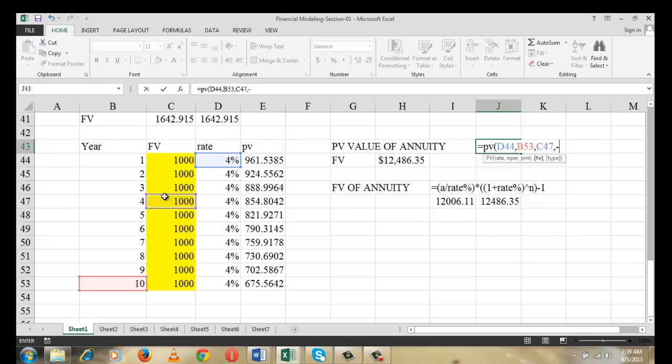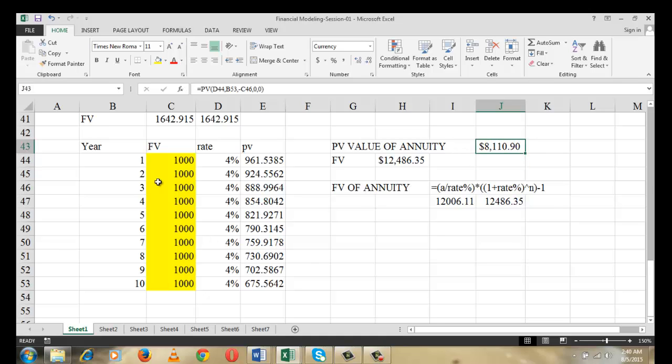So one minute, PMT is only the 1,000. Determining the FV, there's nothing called FV here. PMT is only the 1,000 rupees what you're putting every year. So FV is 0, type is 0, close bracket, enter.